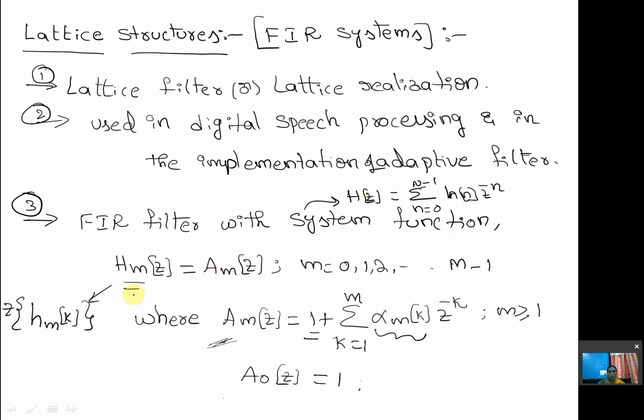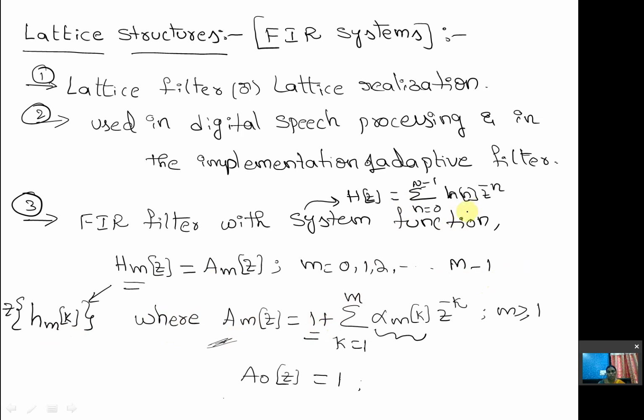So here we are using hm of z instead of h of z, where m is the order of the filter. Now hm of z is equal to am of z, where m is 0 to m minus 1. Here we just rewrote it like this.